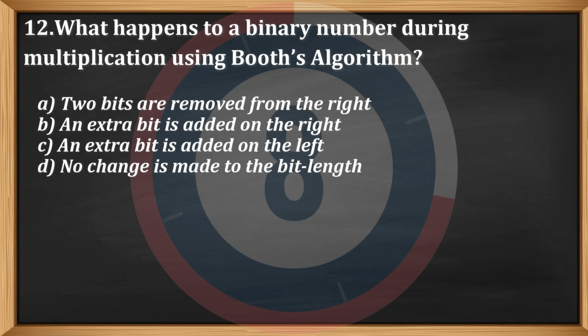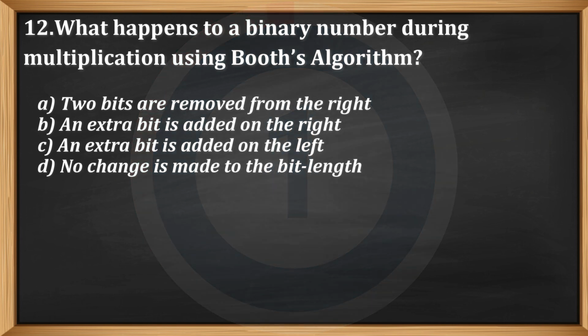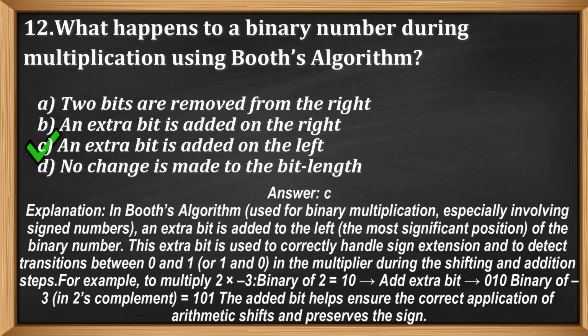What happens to a binary number during multiplication using Booth's algorithm? Option C, an extra bit is added on the left.